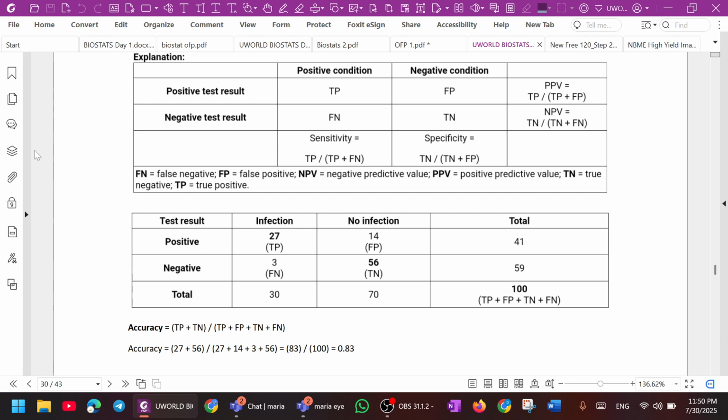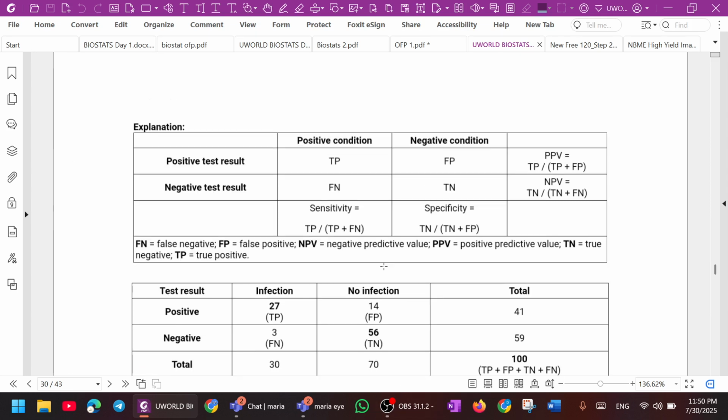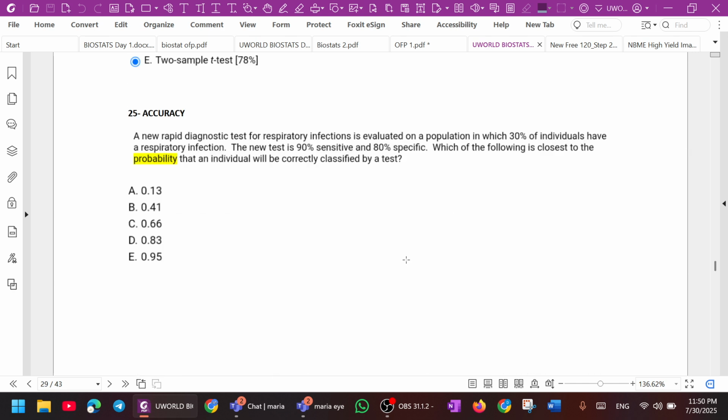Yes, we should do it in a different way. We should do it like 30% and 70%. 30% of individuals have respiratory tract infection, so they take the sensitivity of this 30% and the specificity of the other part.